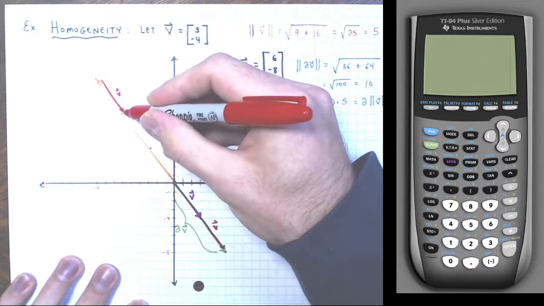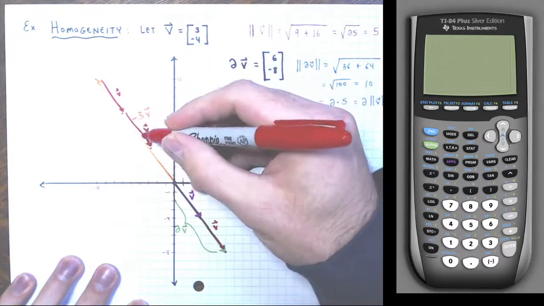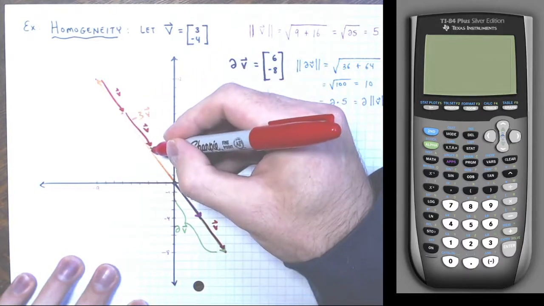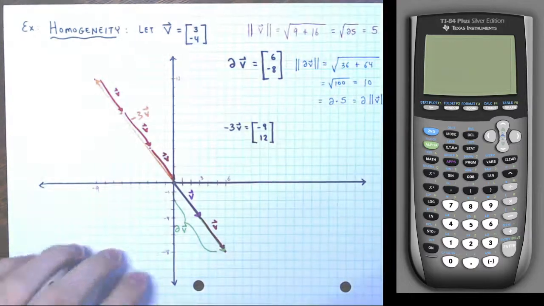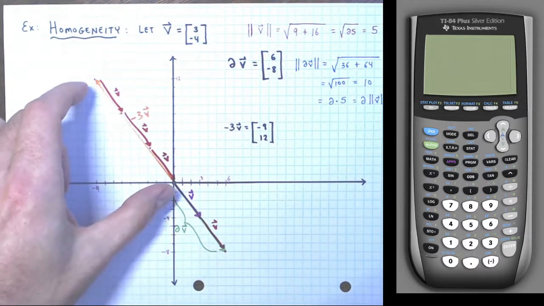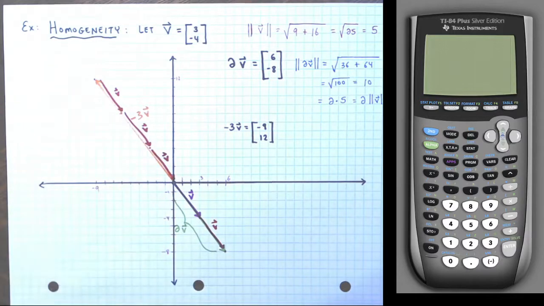Here's another v. Sorry, this one's straight, but that should be more straight. And then here's another v. So can you see how the length of negative 3v is just positive 3 times the length of v?